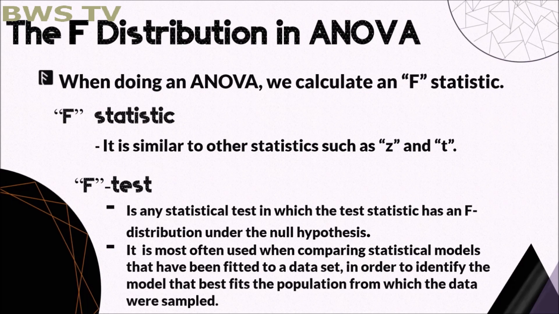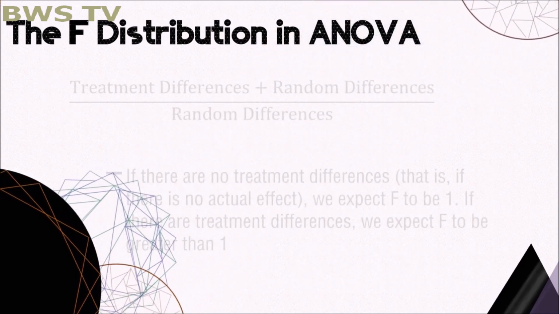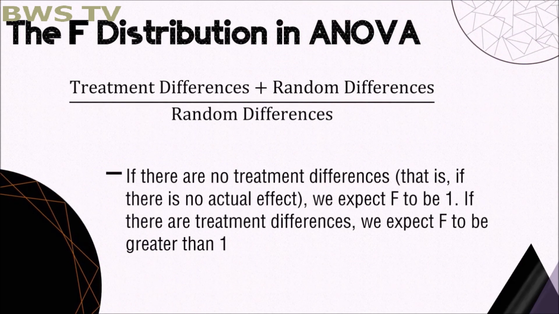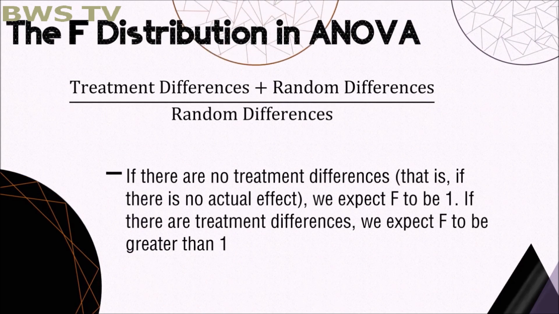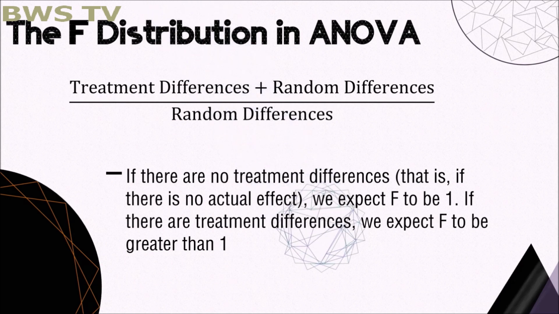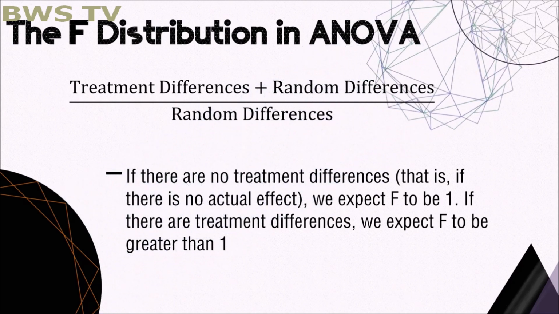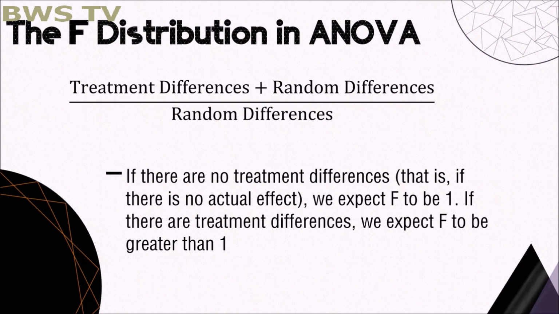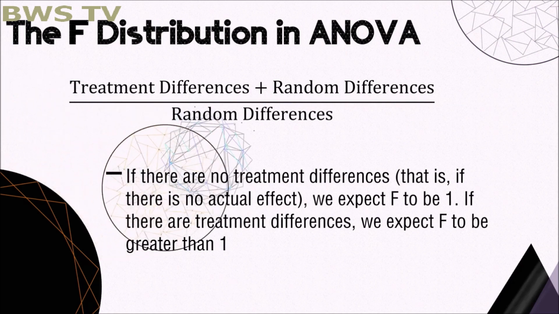F, at its most basic form, is treatment differences plus random differences, divided by random differences. If there are no treatment differences, that is, if there is no actual effect, we might expect F to be 1. If there are treatment differences, we expect F to be greater than 1.